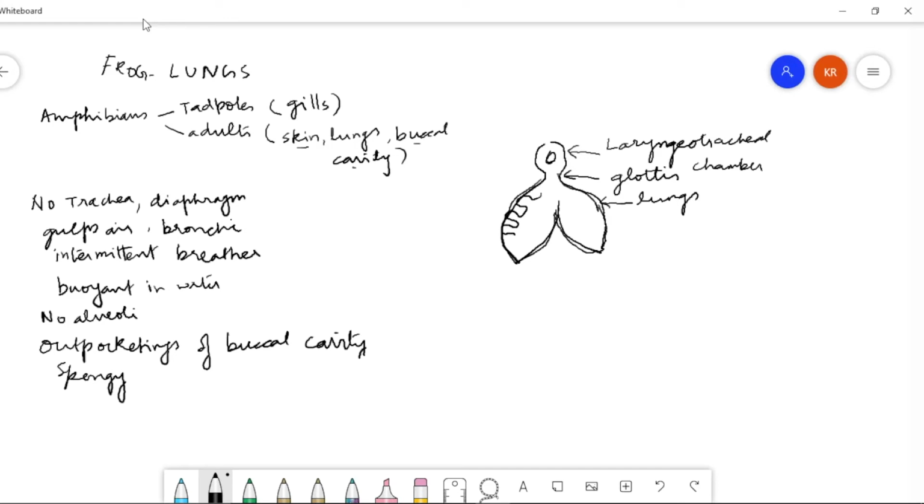So this is as though we are taking a section. On one side I am showing this, and on the other side it is the complete view. This part is the sectional part. That means the lung is internally just divided into sacs like that.